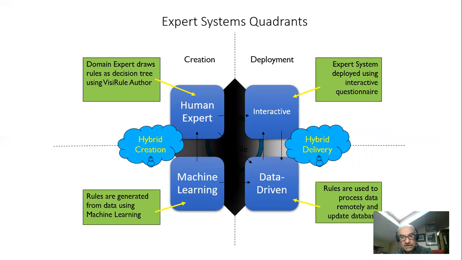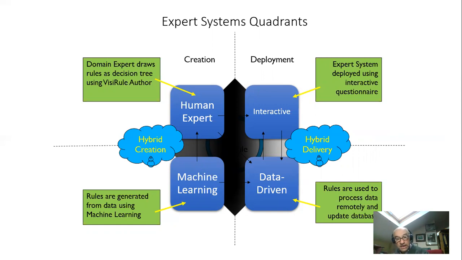Top right-hand corner is the user comes along, answers a load of questions that in effect deploy the knowledge to give a recommendation. Bottom left-hand corner, rather than have the person generate the rules, we induce the rules using machine learning algorithms from a vast set of data that's available.